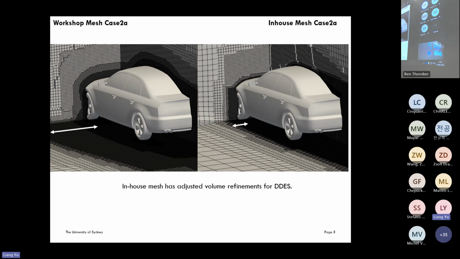So the workshop mesh is more general, but I don't have any yaw angles, and I don't have any different configurations. Well, there is one difference in configuration, which is case 2B, but I'm pretty sure it's safe to stick with, under my own prediction method, a shorter refinement either side, just to save some cells.